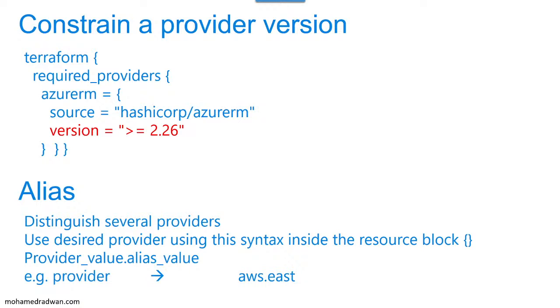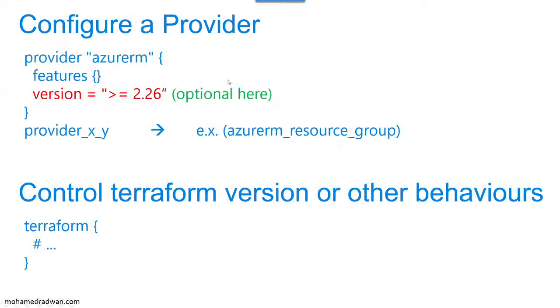Let me give you some tips and tricks for the exam. For example, it could ask you how you can constrain a provider version and give you an option showing the provider block with a version. But this is not to constrain, this is to configure a provider.